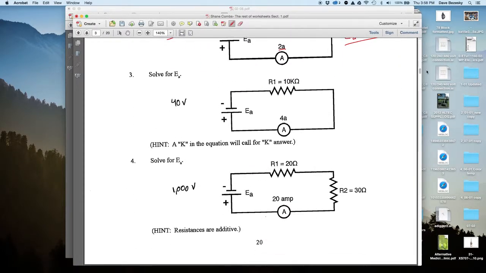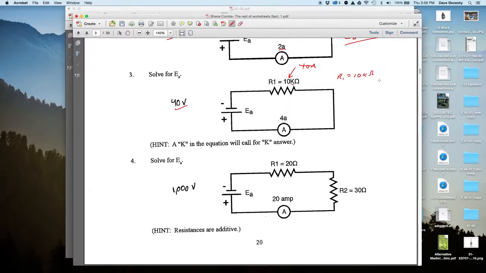Okay, let's go down to number 3 here. I see you've got an answer of 40 volts. That would be the right answer if the resistance here was 10 ohms. But it's not. It's 10 k ohms, or kilo ohms. So R1 equals 10 k ohms.